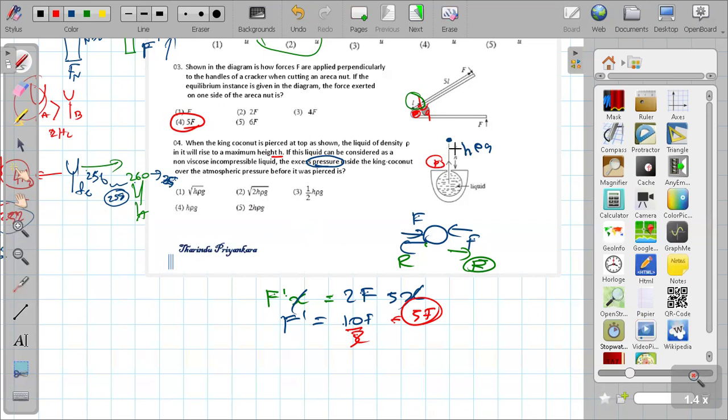Can you understand? Because it will maintain a certain liquid column like this. Very simple. The pressure difference P here should be equal to H rho g. Got it? Okay. How many answers did you get correct out of these 4?